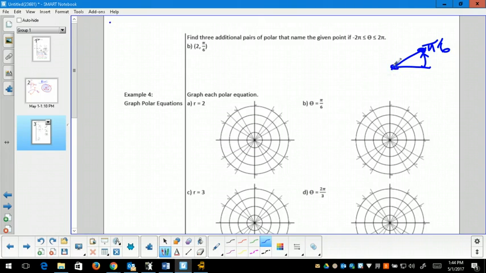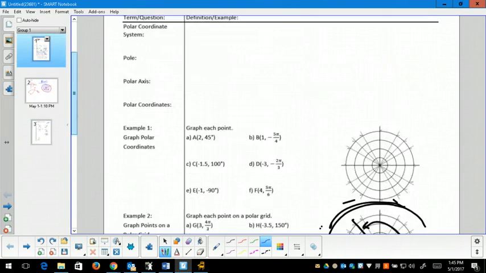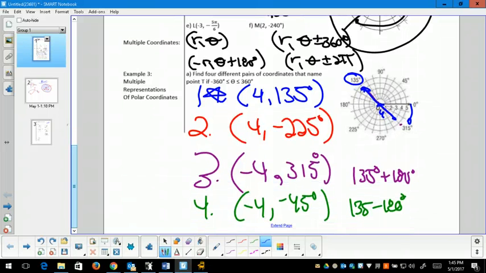Here's the pole. And that's 2 circles away. But you're going to find 3 other ways to express this using what we did on the front page. So by subtracting 360, by adding and subtracting 180 and making the radius negative. Except this time it won't be in degrees, you're going to do it in radians.